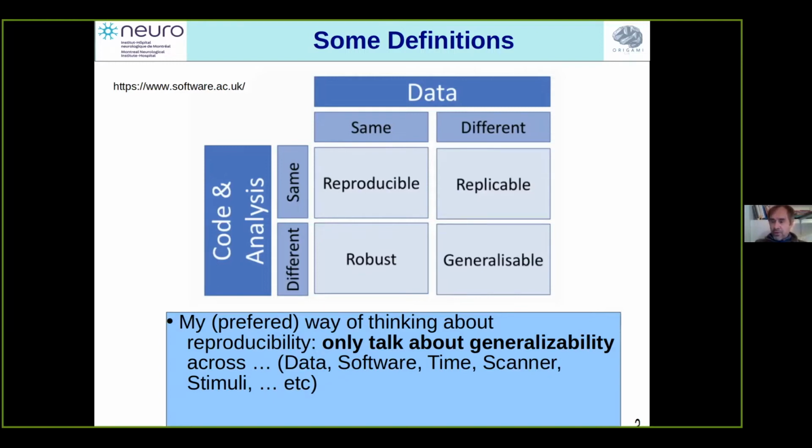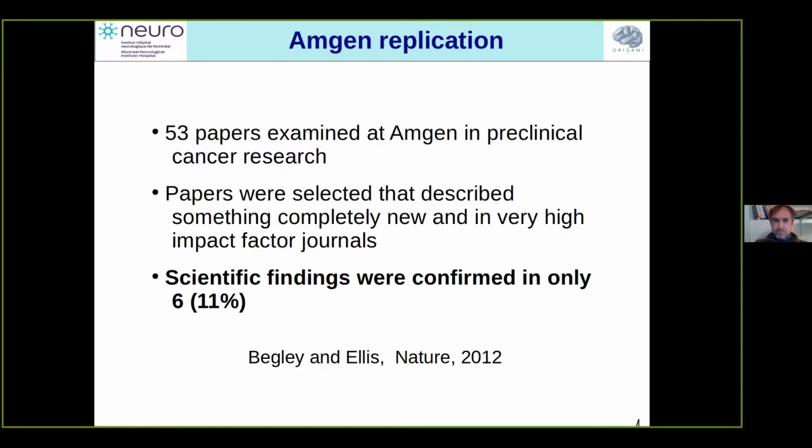All those things are generalizability aspects with respect to some axis: data, pipeline, time, stimuli, and so on. So that's really the right way of thinking of this problem. But reproducibility has been taken as the generic word for all those things, and so I will use that term in my introduction.